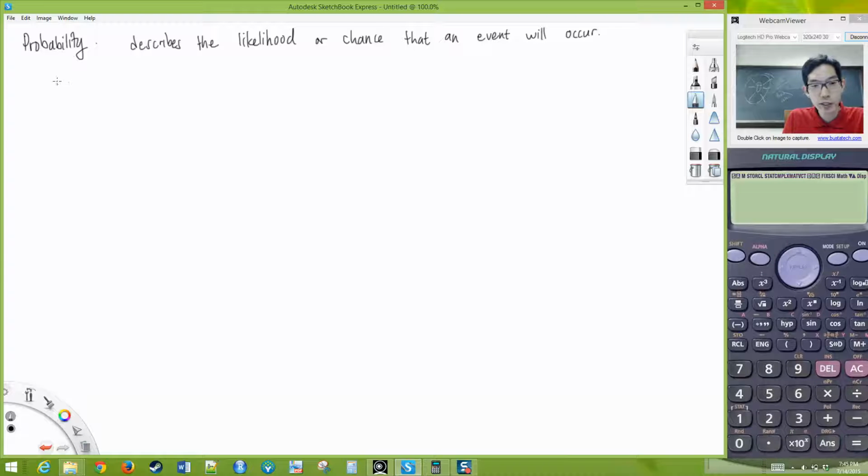We also have the idea of random. Random, in a sense, means unpredictable. It describes events where the outcome is unpredictable.